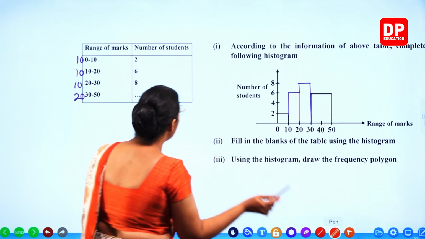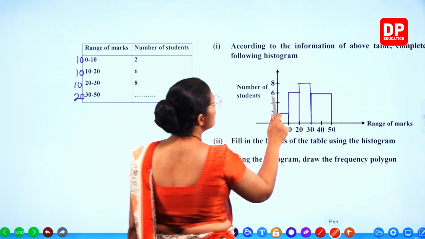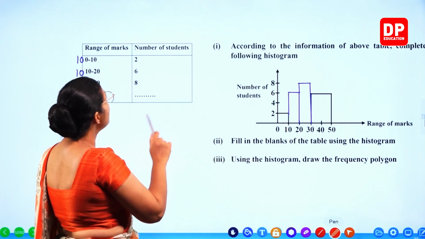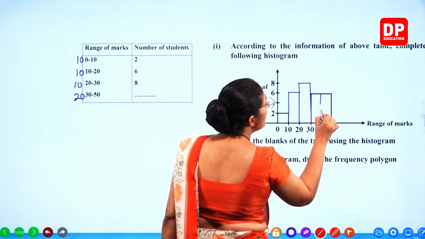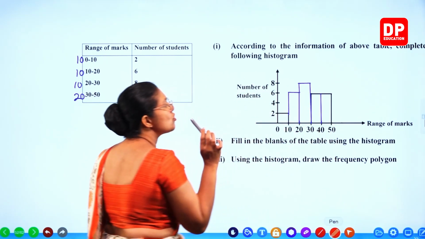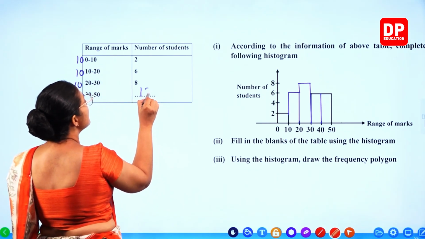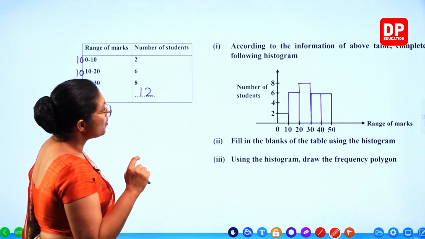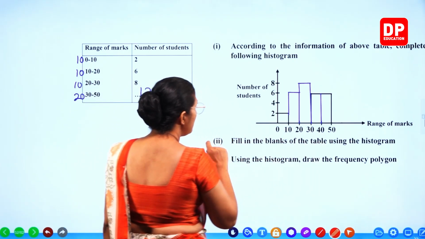And then it's given 30 to 50 is 6. So you have to fill in the number of students. When you divide this into equal parts, this one is also 6, this one is also 6. So altogether, 6 and 6 becomes 12 here. So you can put 12 there. So you can fill in the blanks of the table.